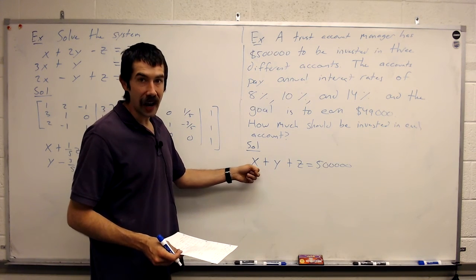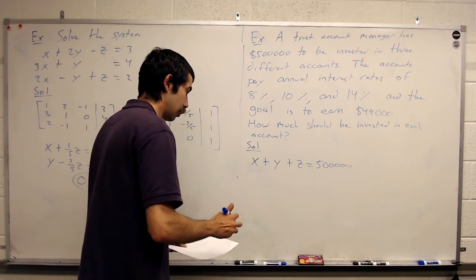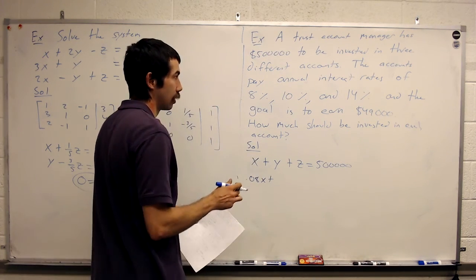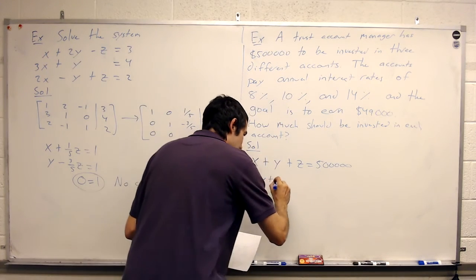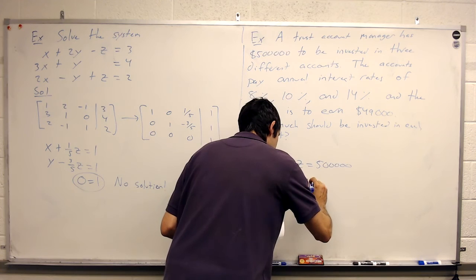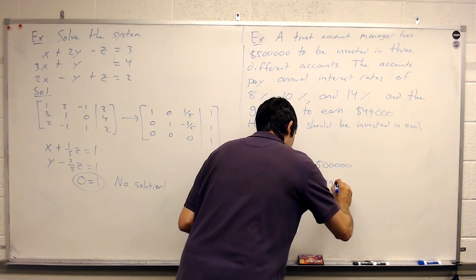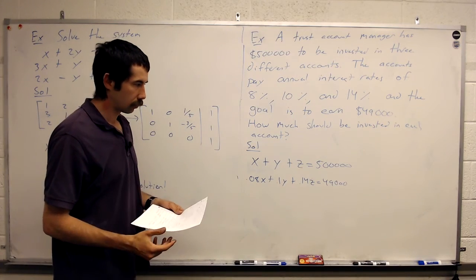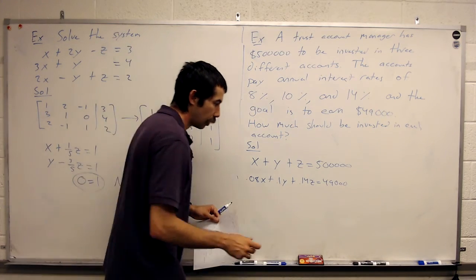The amount invested in X gets 8% interest. So 0.08X plus Y gets 10%, 0.1Y plus 0.14Z equals $49,000. All right, and that's it.